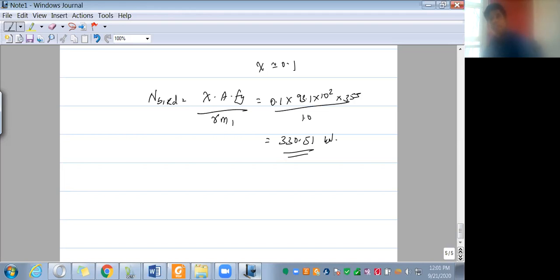So you can utilize this learning to complete your assignment, because once you complete the beam design, the next step is column design. For the column design, you need to know these design techniques.